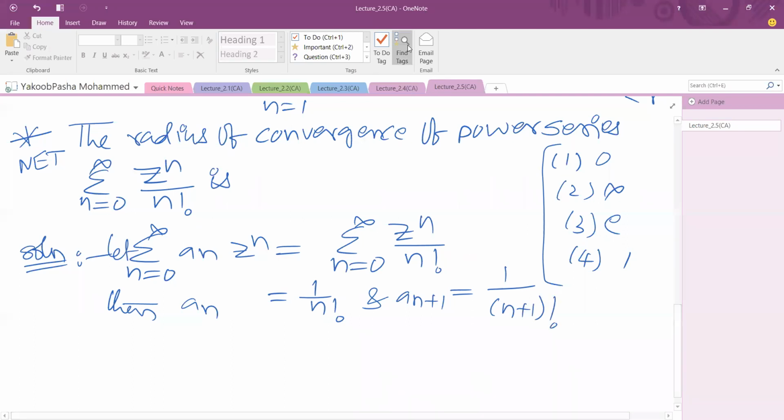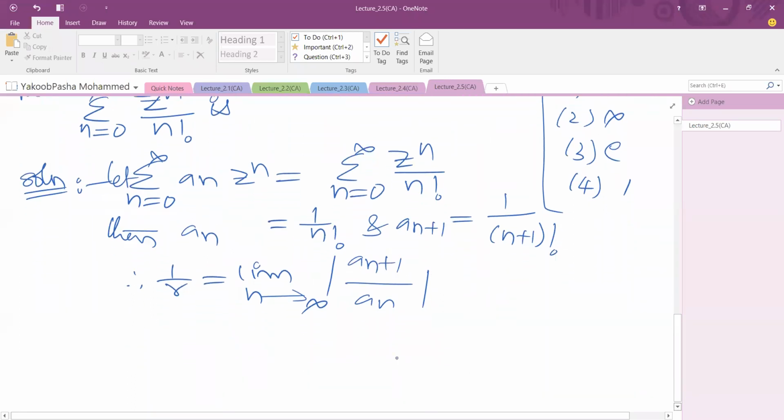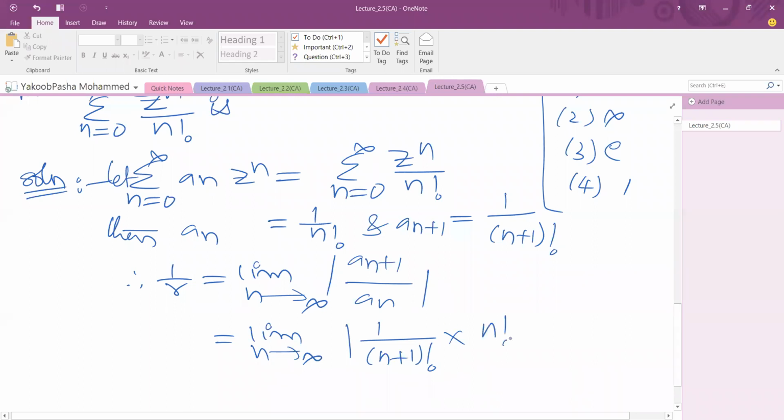Now we can take the formula for radius of convergence, that is 1 by r is equal to limit n tends to infinity. Now there is no conflict about the infimum or supremum, so I am just taking modulus of an plus 1 by an. That is equal to limit n tends to infinity modulus of 1 by n plus 1 factorial, where 1 by n factorial becomes n factorial.